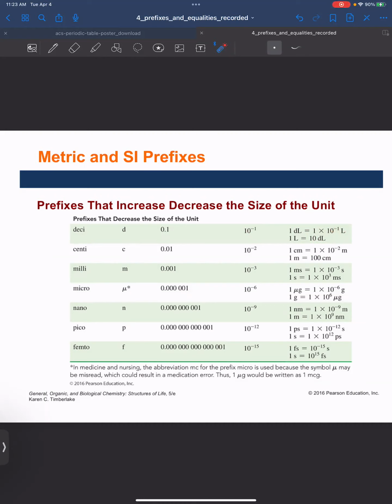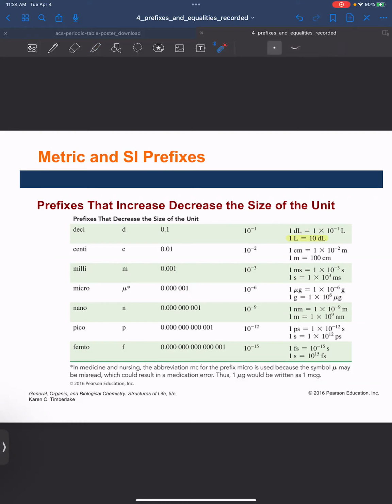And if you were to take this number and divide by that number, you would get 1 liter is equal to 10 deciliters. So once again, when I memorize the prefixes, I usually use the ones that do not require any negative exponents. So 1 liter is 10 deciliters, or 1 meter is equal to 10 decimeters. You can always interchange the unit at the end.